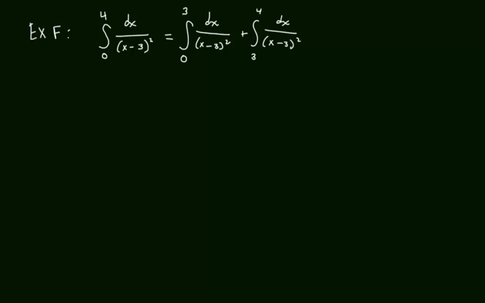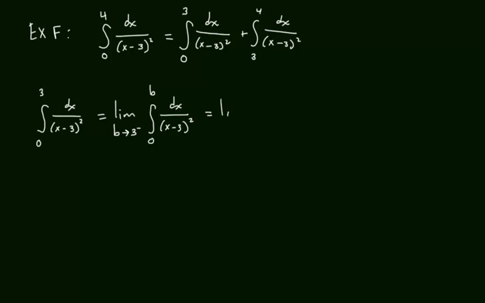I'm going to look at the first one, the integral from 0 to 3 of dx over (x minus 3) squared. That's going to be the limit. Do you know what I'm going to say here? This is the limit as b approaches, tell me, 3 from the left of the integral from 0 to b of dx over (x minus 3) squared.